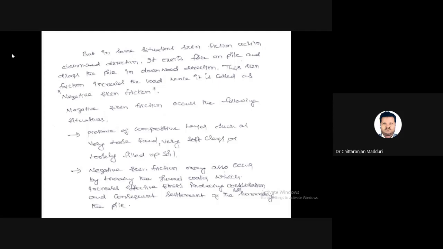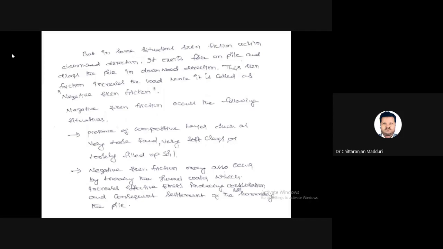It exerts force on the pile and drags the pile downward. Hence, it is called negative skin friction. Negative skin friction means the downward drag exerted by the soil onto the pile. Negative skin friction occurs in the following situations.